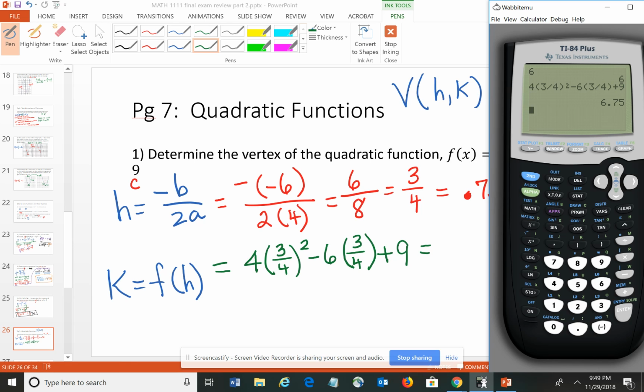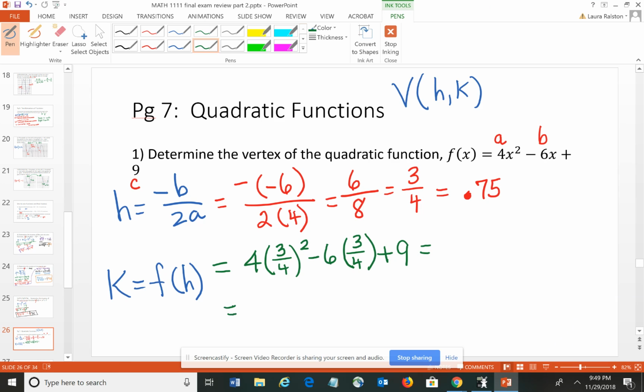Now it does come up as a decimal. I can convert it back to a fraction by pressing math and choosing option 1, and it gives me 27/4. So K, excuse me, is 27/4. So the vertex, which is typically written as an ordered pair, would be 3/4, comma, 27/4.